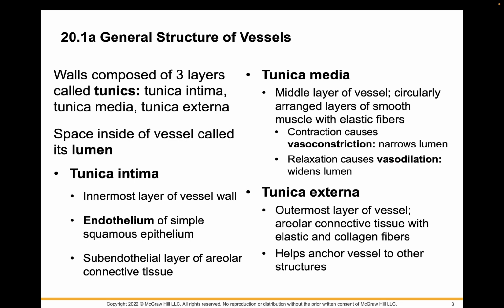I do want to get back to the tunica media because there is something important that I want to address here. When we talk about vessels, the only receptors we are going to find on vascular smooth muscle, arteries, and veins are adrenergic. That's important. There is no cholinergic receptors on vascular smooth muscle.